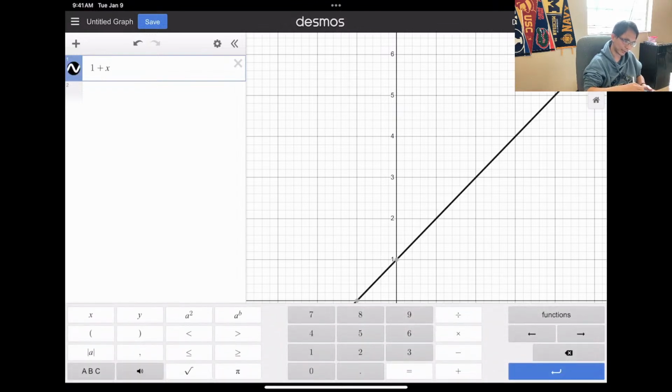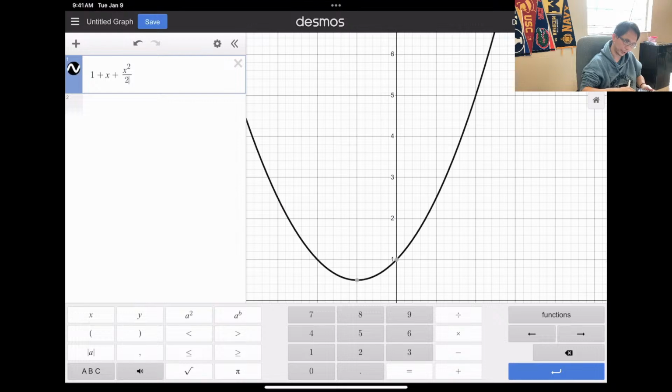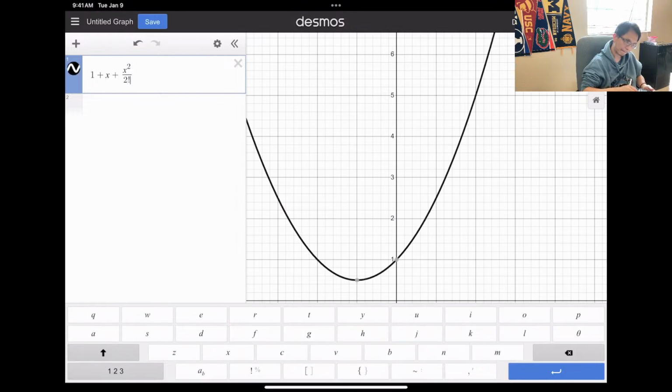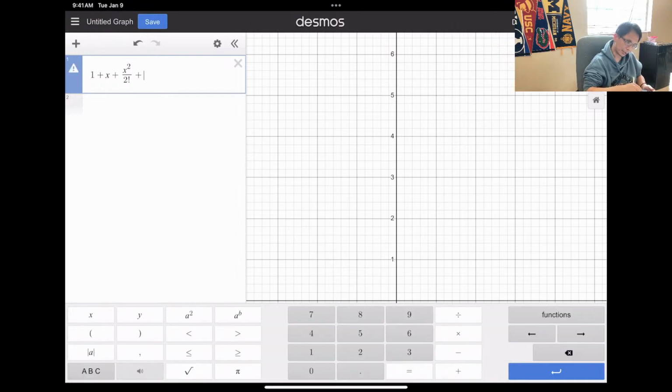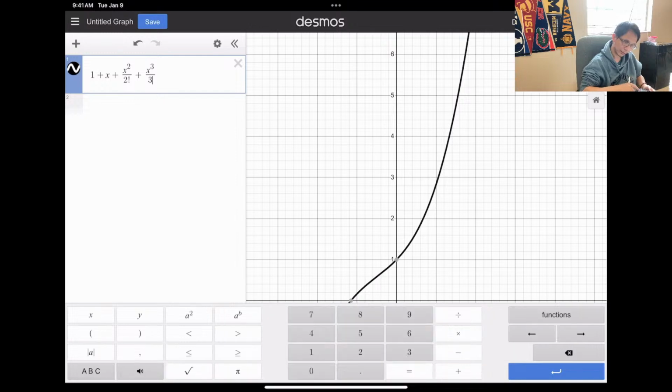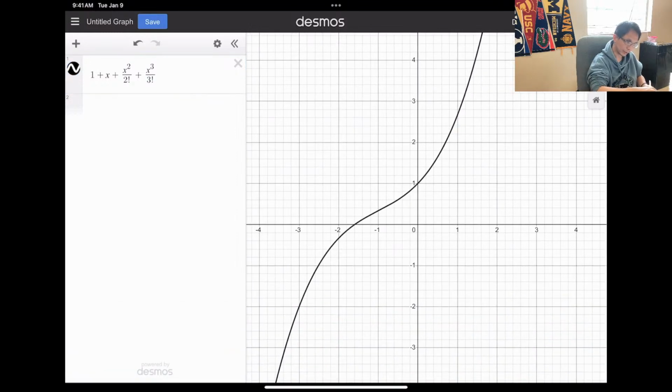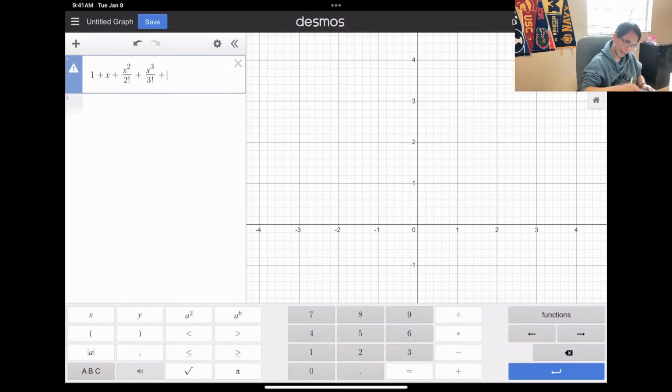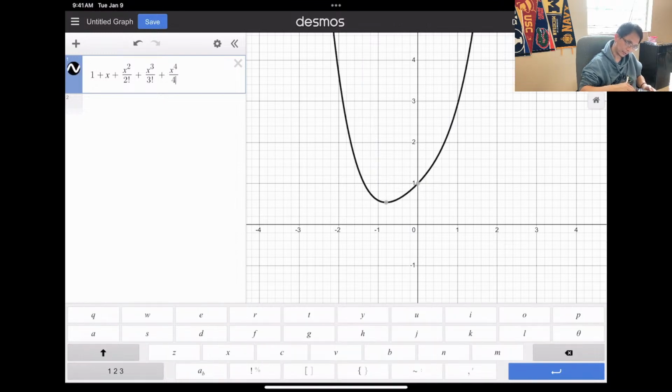And guess what? That's doing an even better job. 1 plus x squared over 2 factorial, plus x to the third over 3 factorial, plus x to the 4th over 4 factorial.